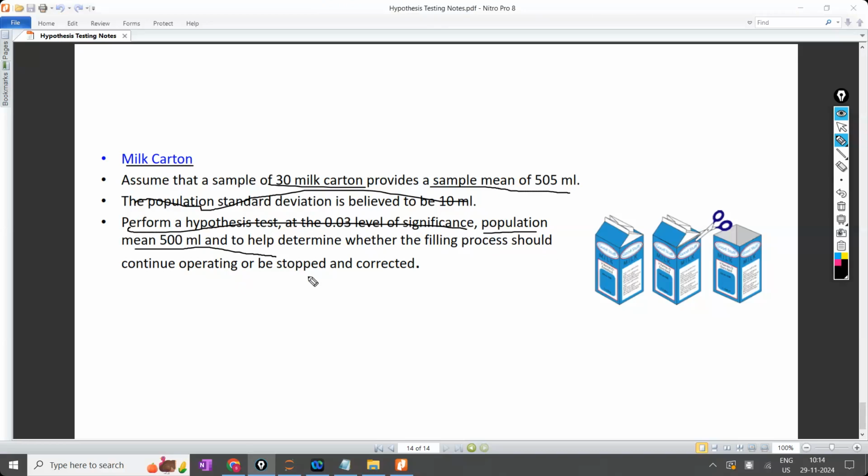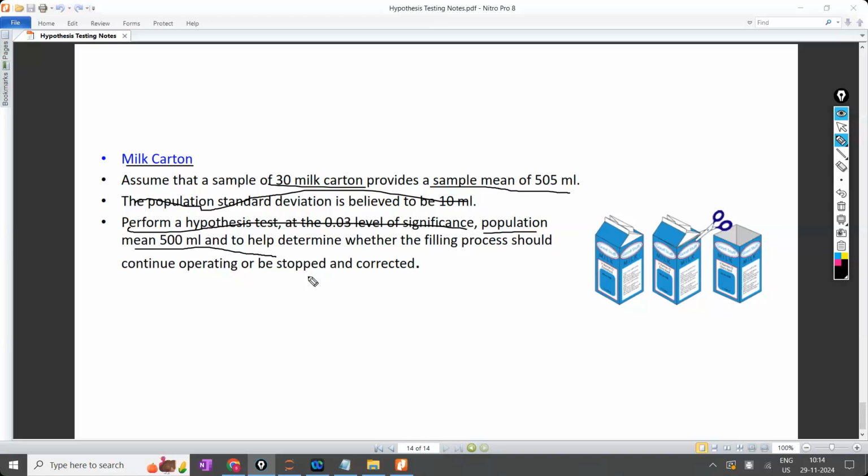So they have taken 30 packets, and in the 30 packets their average value is 505, but what they require is 500 only. Now they want to stop the filling process. See, they have got 505 as the average, meaning they are getting some extra ml. Either a machine problem or some technical glitch or anything can be there.